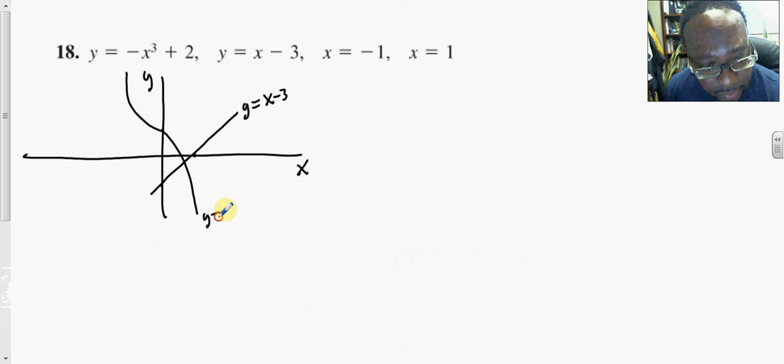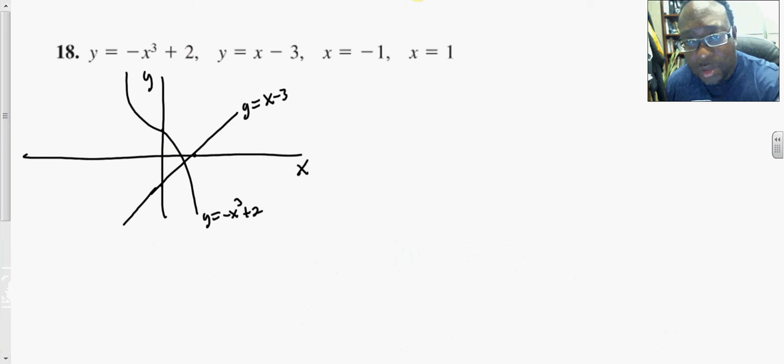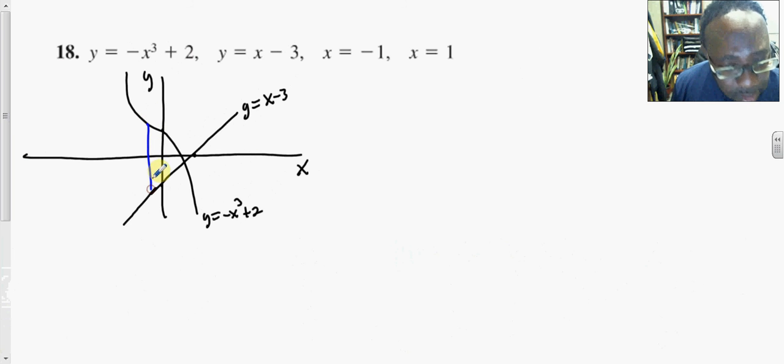And then this is y is equal to negative x cubed plus 2. And then it says x equal to negative 1 and then x equal to 1. So we need to extend this line on out. So x equal to negative 1 stays here, and then x equal to 1 is there. So we're talking about everything in this region.